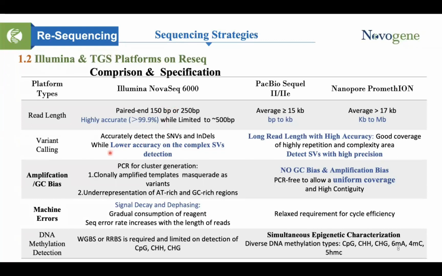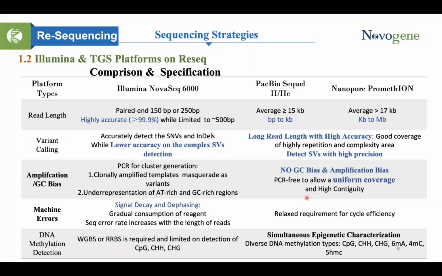About variant calling, we just learned a little bit on the last page. Illumina is able to accurately detect SNVs and indels, but has lower accuracy on complicated SVs, while TGS is good at covering highly repetitive and complex regions.